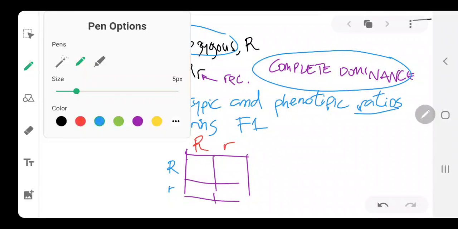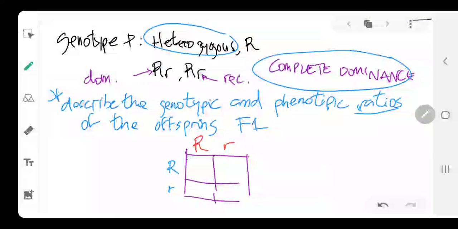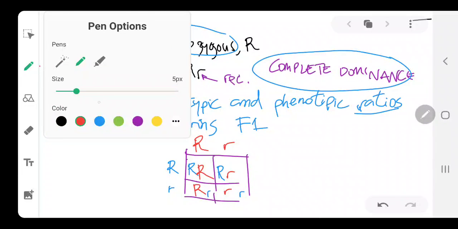The next job is easy: populate the Punnett square with the letters that represent each of the alleles in combination. For ease of writing in the app, I'm going to do the blue ones first, and then the red ones. Now I've completed my Punnett square.